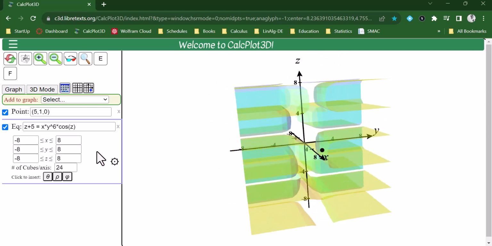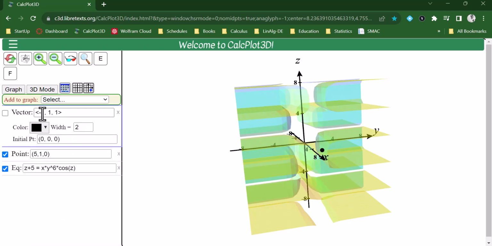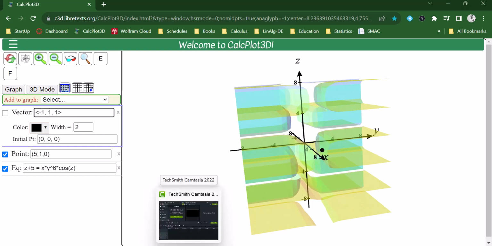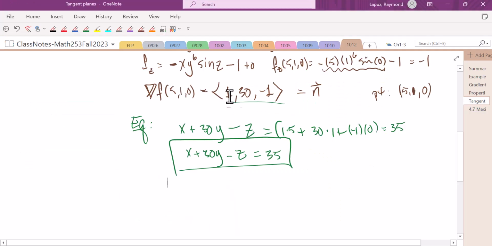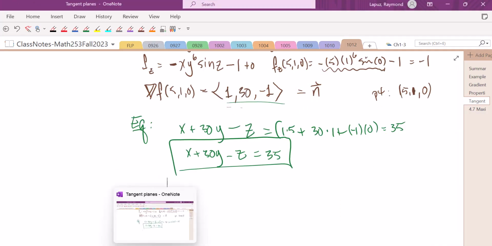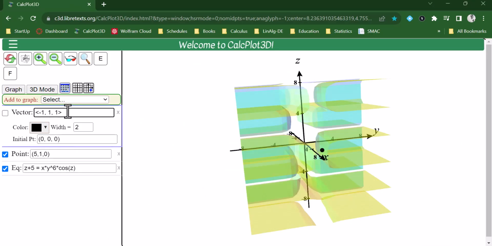Now our vector, that is our perpendicular or the normal vector, is a really flat vector. And that's (1, 30, negative 1). So let's draw that. I don't know if it's worth drawing, but let's draw that. It'd be (1, 30, negative 1).